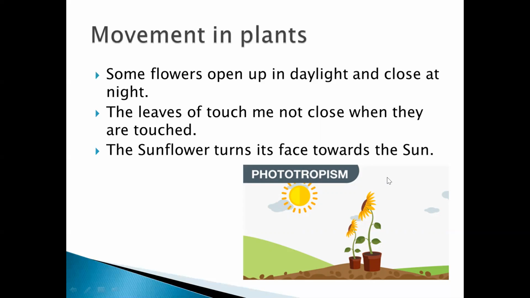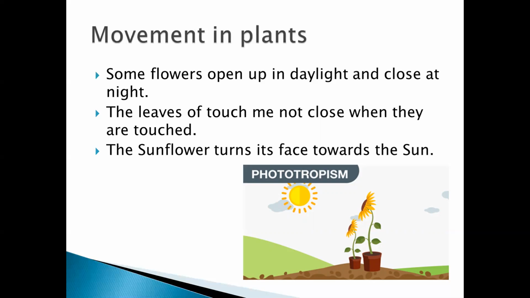Okay, students. So today we have talked about movement in plants. The plants can move, but their movements are slow and they cannot move from one place to another on their own. Rather, they show their movement by increasing in size and width.